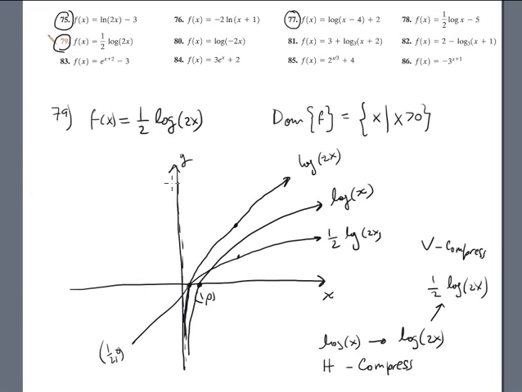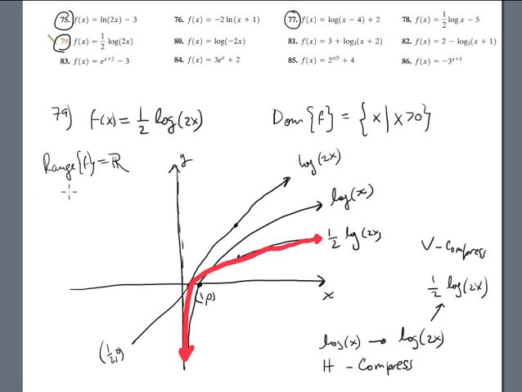Look at this graph. Okay, let me use another color, always magenta for the direct function. Look at the graph. The range of the function f is all real numbers.